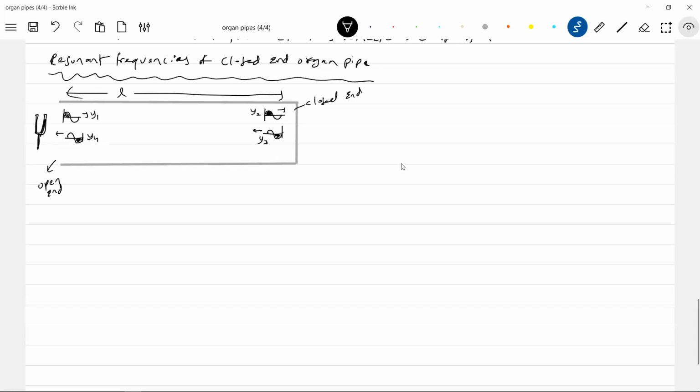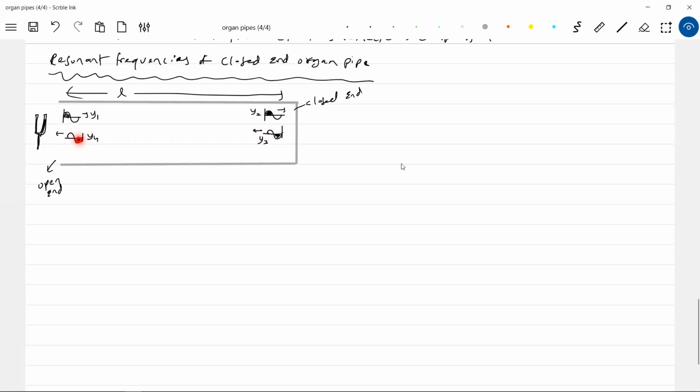The tuning fork will be continuously vibrating, sending disturbance into the pipe. The disturbance or displacement will propagate a length L, get reflected, and return back. Now, what is Y4?